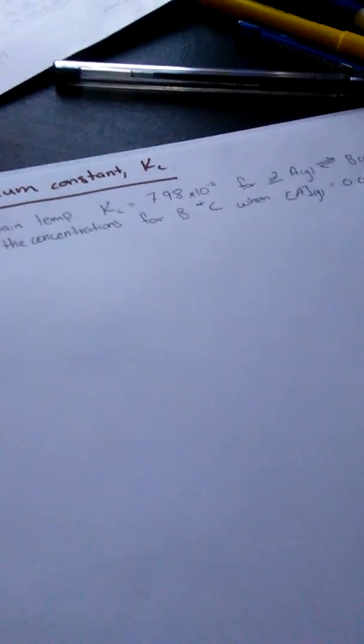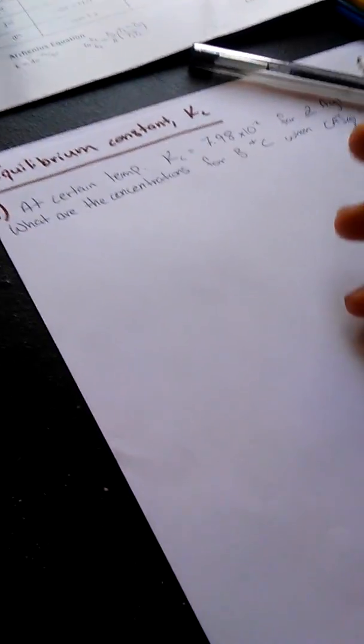So first we have to know that the formula for Kc is the concentration of products over the concentration of reactants.